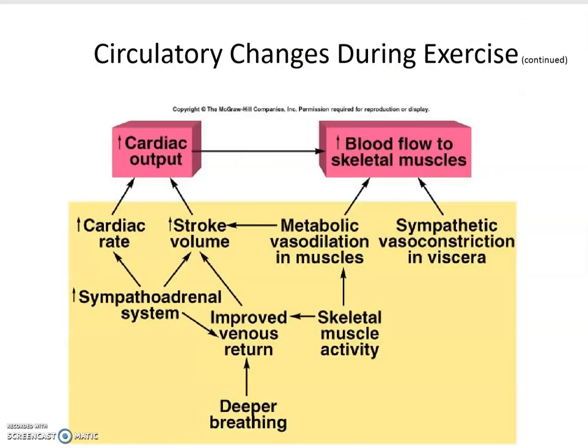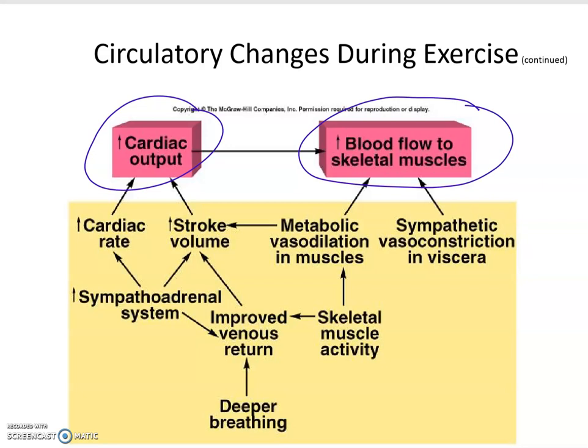That kind of redistribution of blood flow is exactly what happens when you are exercising. So in exercise, you're going to have an increased cardiac output, and you want an increased blood flow to skeletal muscles because they're working hard right now. So how do we achieve this? The cardiac output is determined by the cardiac rate, heart rate, times the stroke volume.